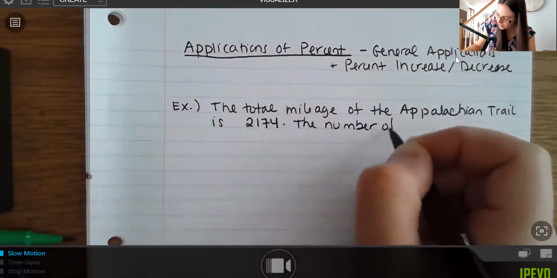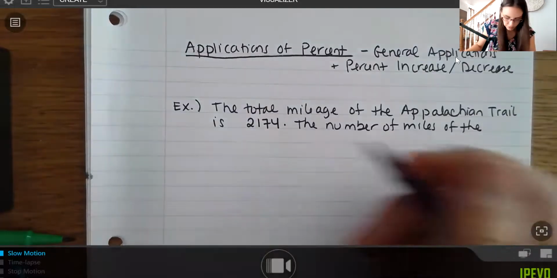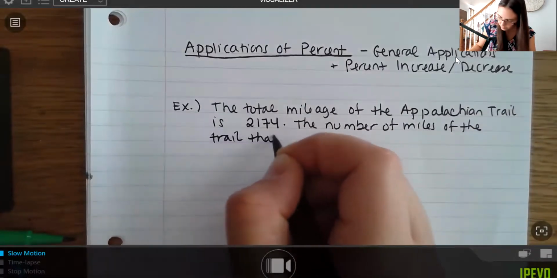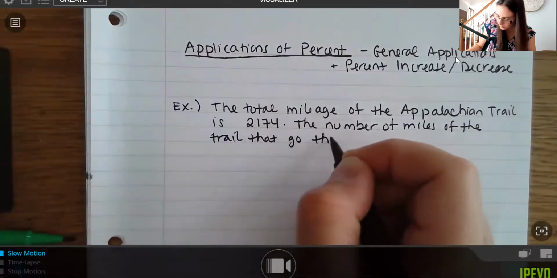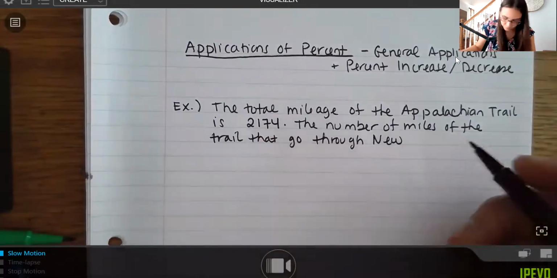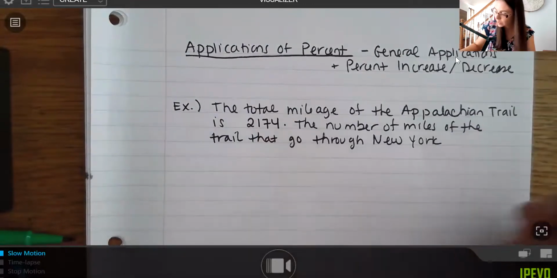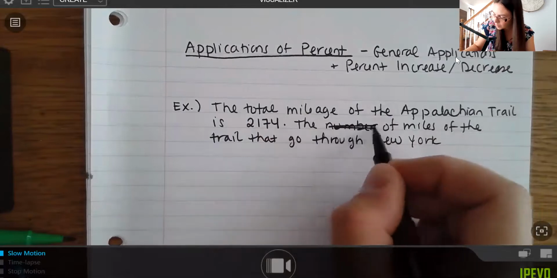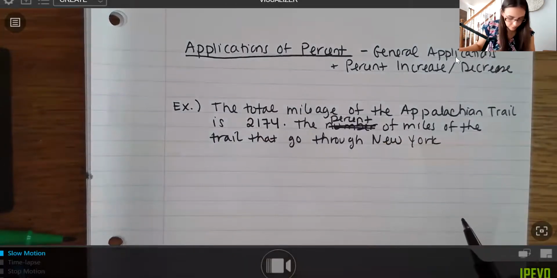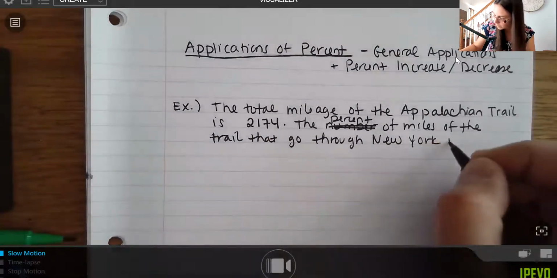Sorry, I should say the percent, not the number, the percent of miles of the trail that go through New York is 4%.